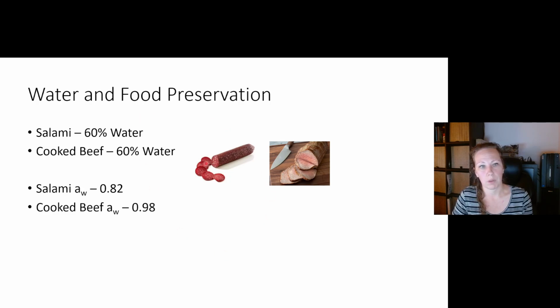And both of those happen with salami. Okay. We've also dried the salami, but obviously there's still the same amount of water. So I wouldn't say that we haven't lost more moisture than in the cooked beef, but we've just done other things to bind that water up so that it's not available for microbial activity. And so that's why we can have salami at room temperature. Some salami, not all of it.